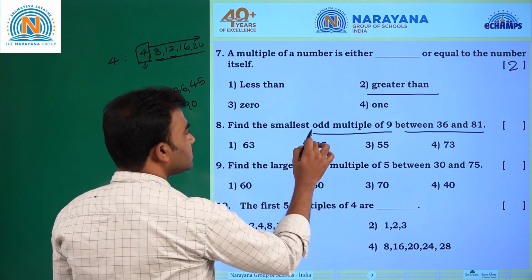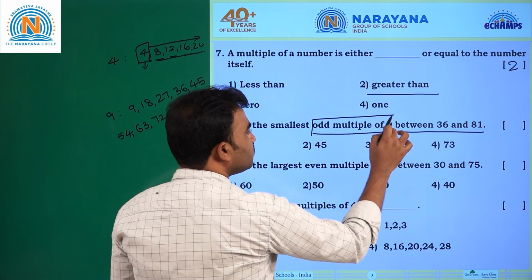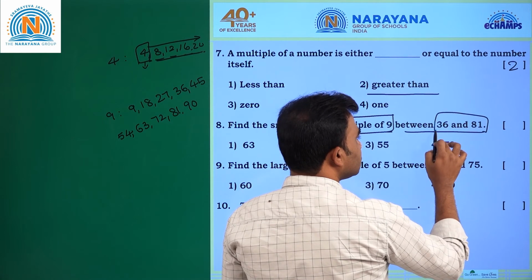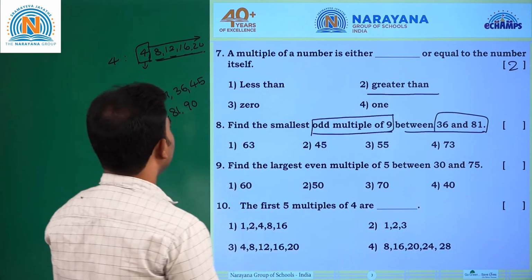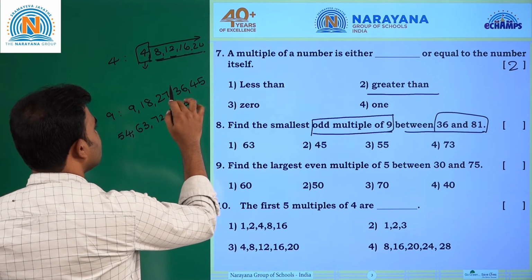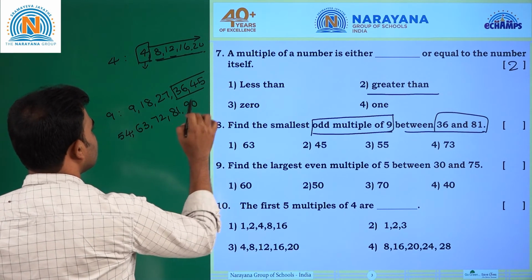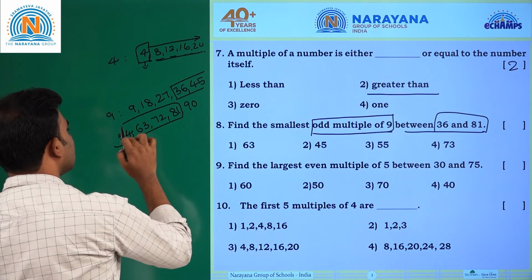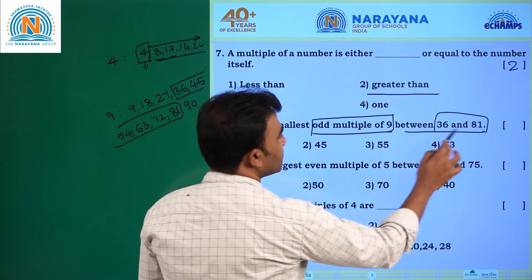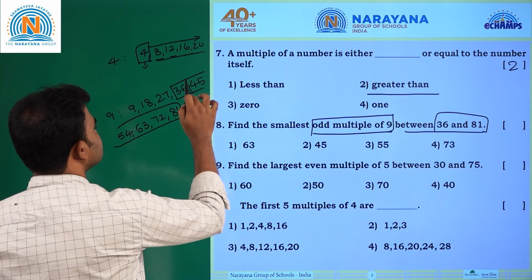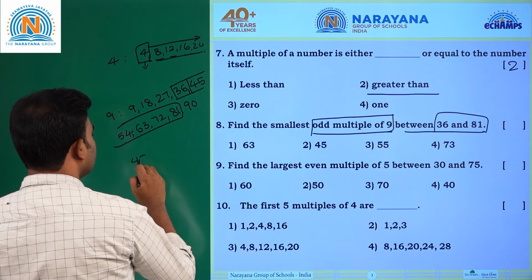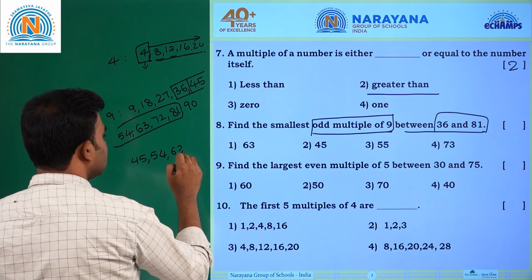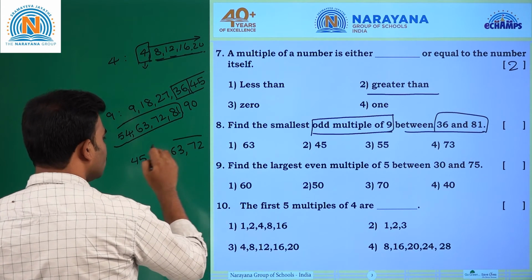So these are all the multiples of 9. Now what do we want? An odd multiple of 9 which is in between 36 and 81. These are the multiples in between 36 and 81: 45, 54, 63 and 72.